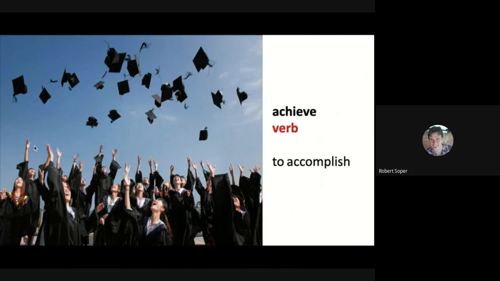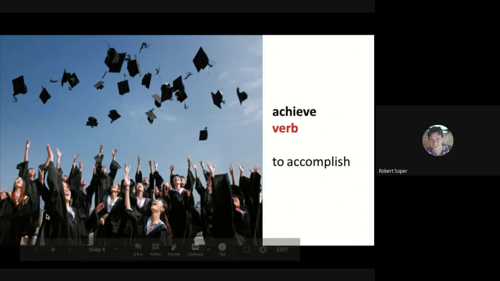So what did they achieve? Well, they achieved their degree. We would call that, as a noun, an achievement, an accomplishment. After a lot of hard work, they finally got their degree. So what are they doing to celebrate their achievement? They are throwing their hats up in the air, which is a famous custom for students who graduate.